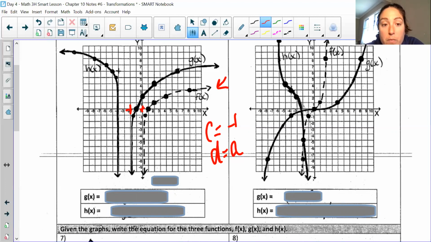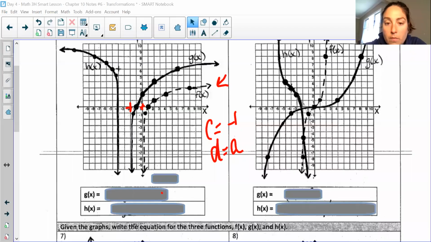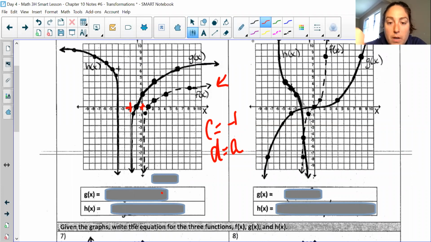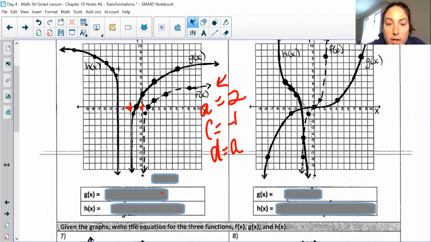So our vertical stretch of 2. So that means that our A value is 2. So our equation is g of x is 2 times log base 2 of x, the quantity x, plus 2.